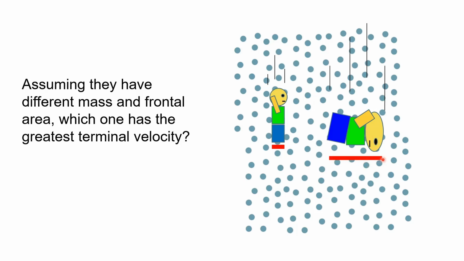So more frontal area would slow them down, but more mass would speed them up. So to answer this question, we actually don't have enough information. We would need more specifics on exactly how much more frontal area this is than that, and how much more mass is here than there, before we could actually state that. So because they're competing, it kind of cancels out the obvious guess.